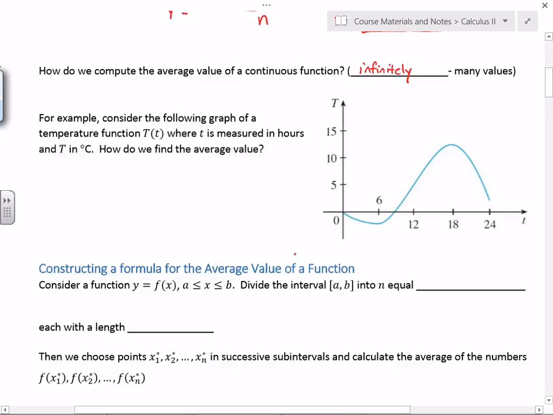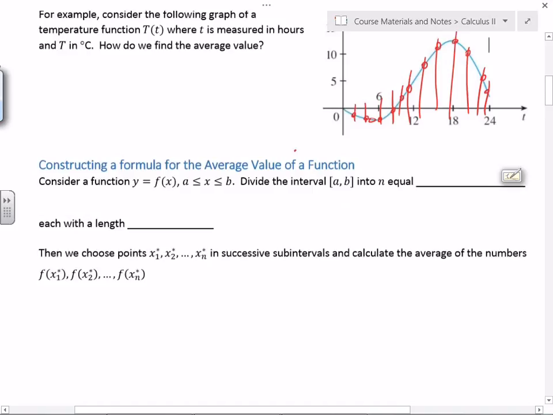One way that we could do that is to divide this up into discrete intervals, then take all of those temperatures, add them up and average. Then, as we typically do in calculus, take the limit of how many of those subintervals we use.